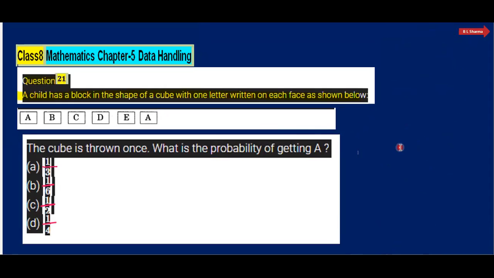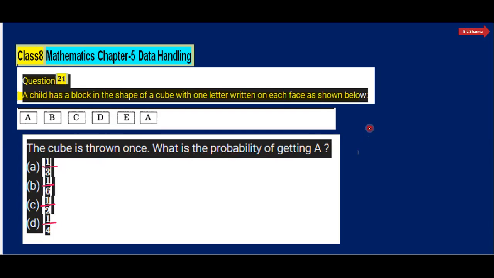Next question on your screen. A child has a block in the shape of a cube with one letter written on each face, as shown below: A, B, C, D, E, A. The cube is thrown once. What is the probability of getting A?